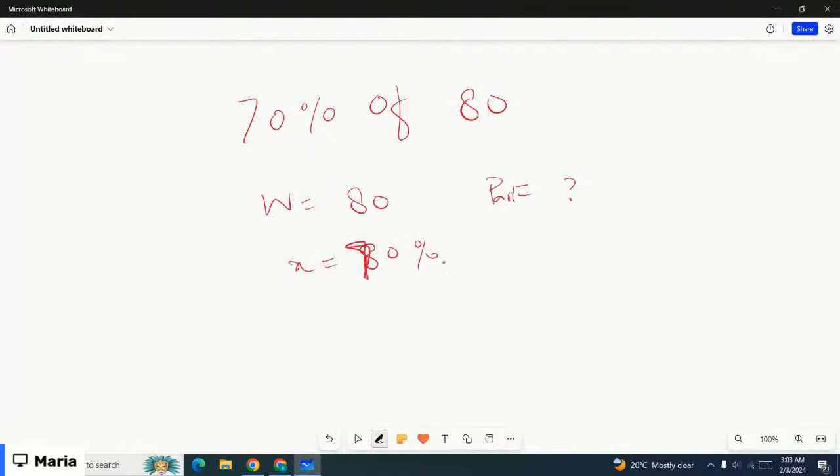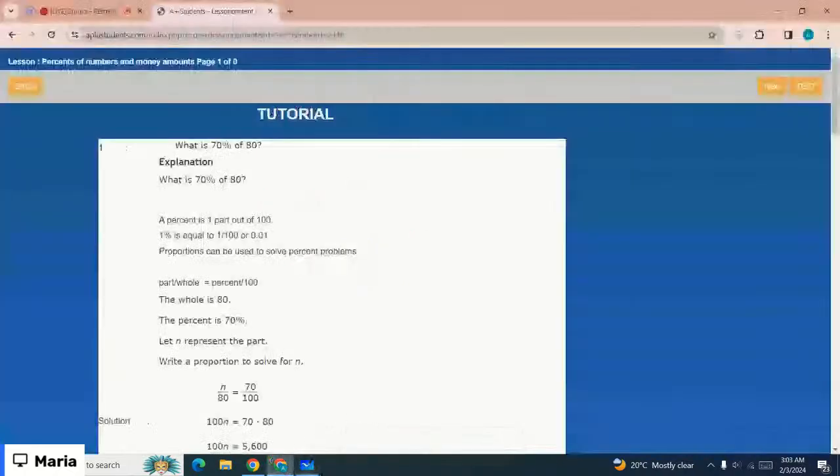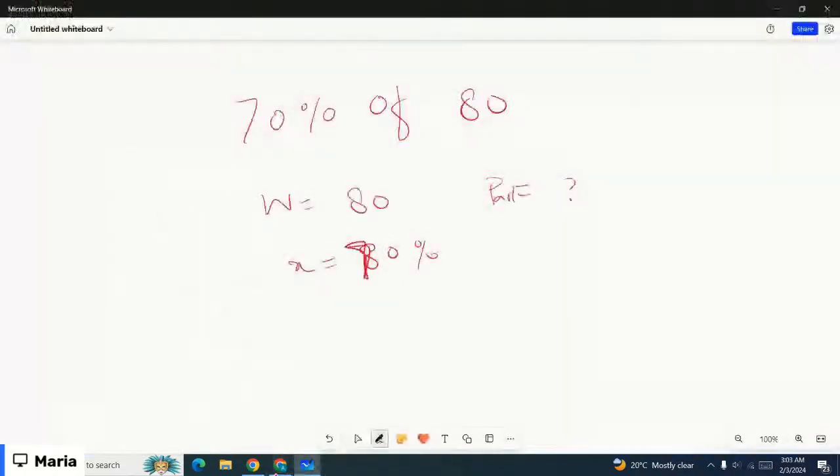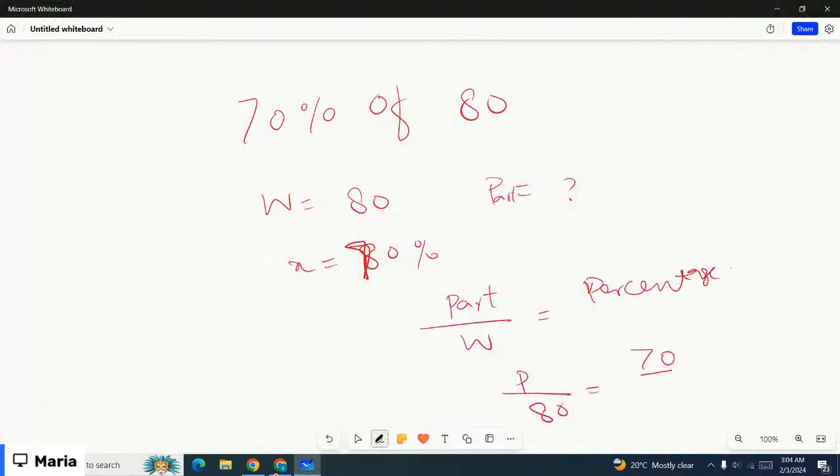You need to form a proportion, that would be part divided by whole equals the percentage. Part you need to calculate, whole is 80, that is 70 over 100.